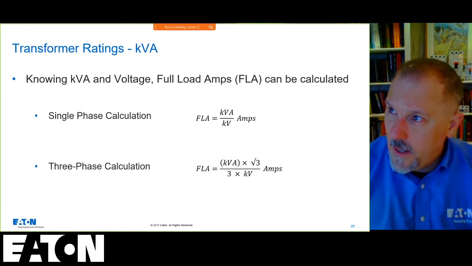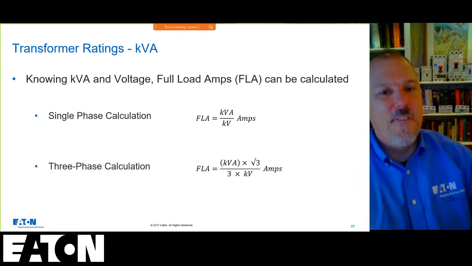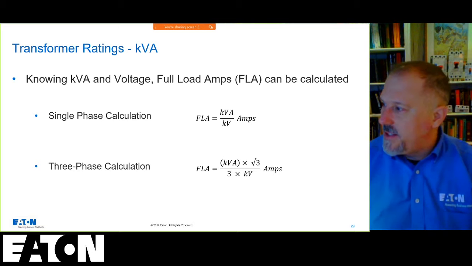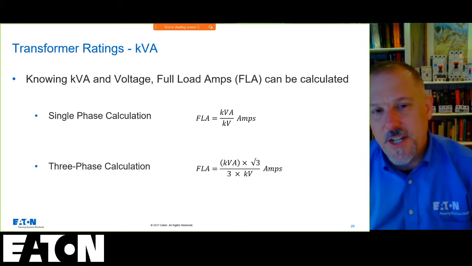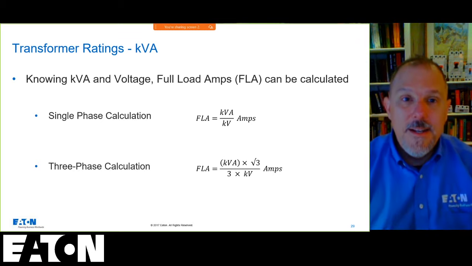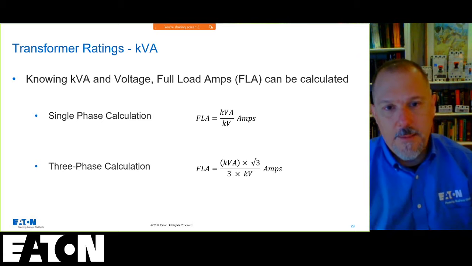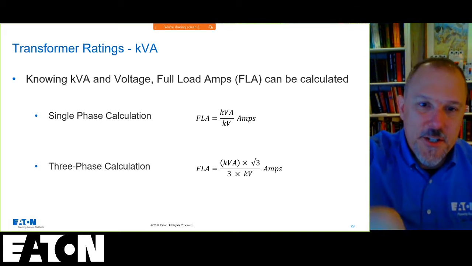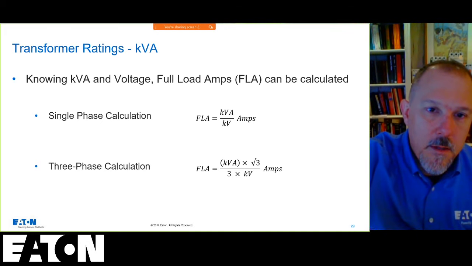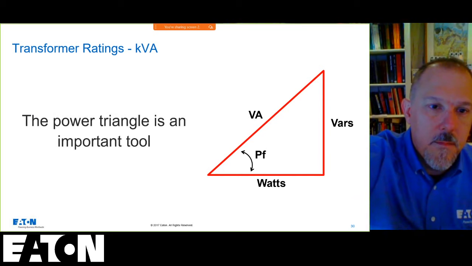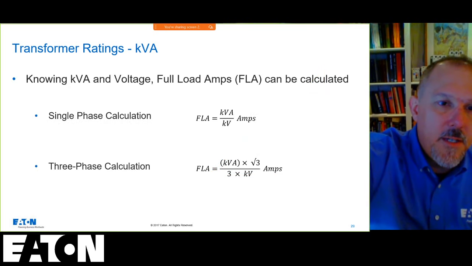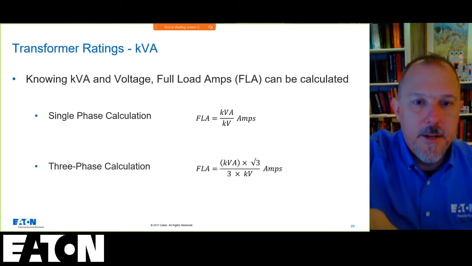All right, so knowing the kVA, here are a few more good equations. I debated on whether to put this in my equations section, but I left it down here. This is how we calculate full load amps on transformers, and you'll notice how I did this equation right here.